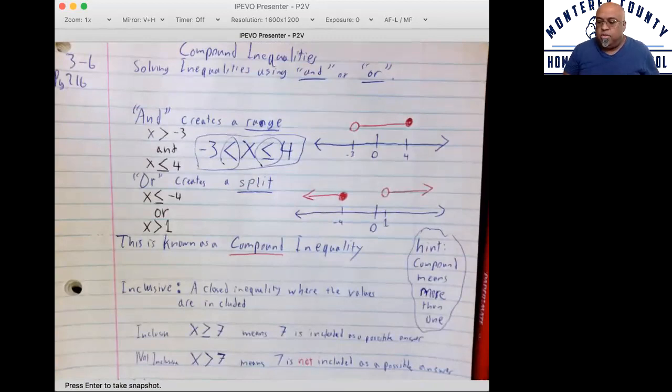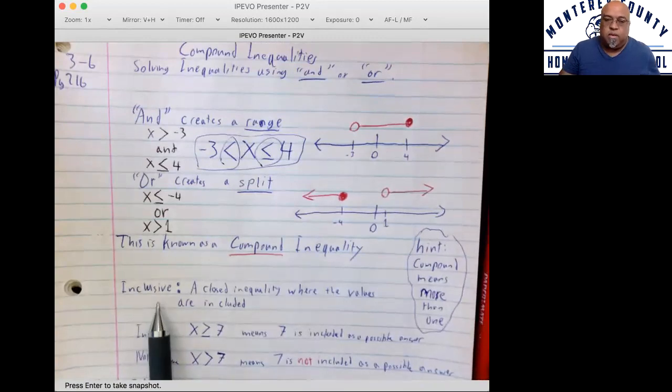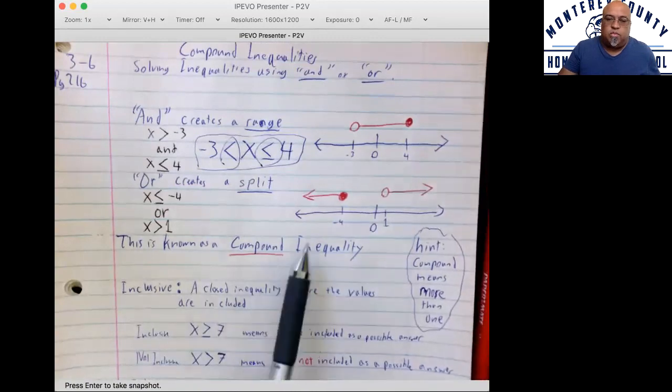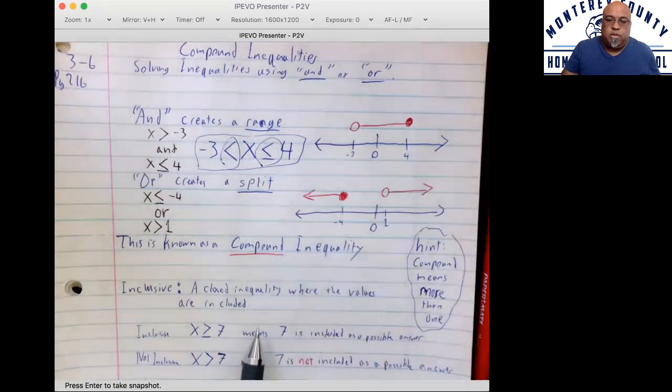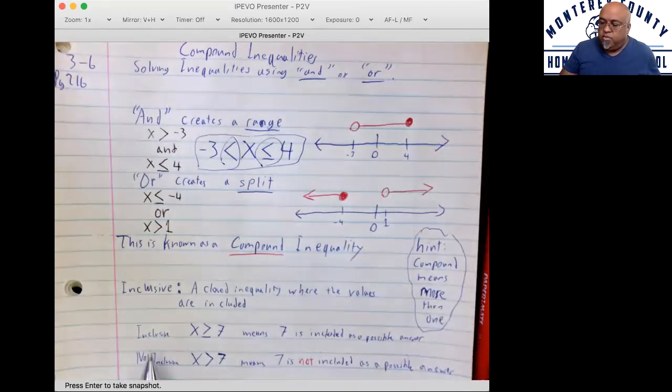Now there's another word that popped up in the definitions here, and that is inclusive. Inclusive simply means a closed inequality. Now remember, a closed inequality is one where we have a closed dot. A closed inequality where the values are included. Let me show you the difference. This one is an inclusive inequality.